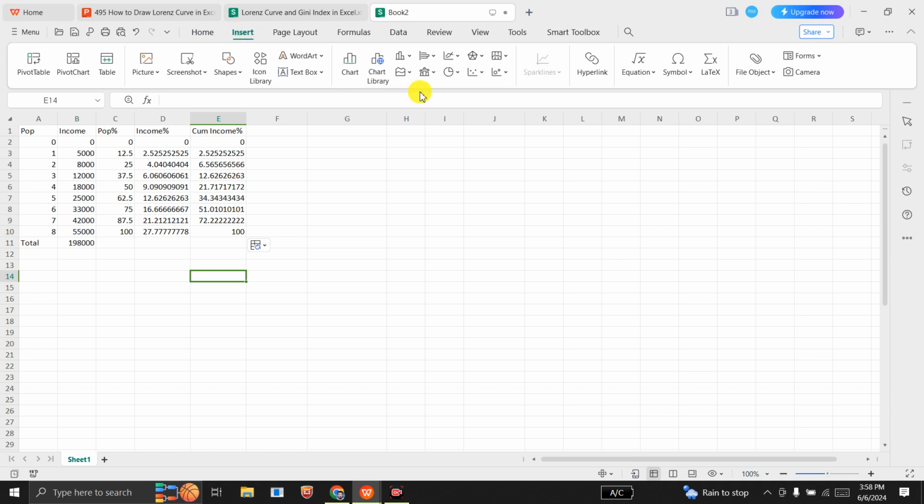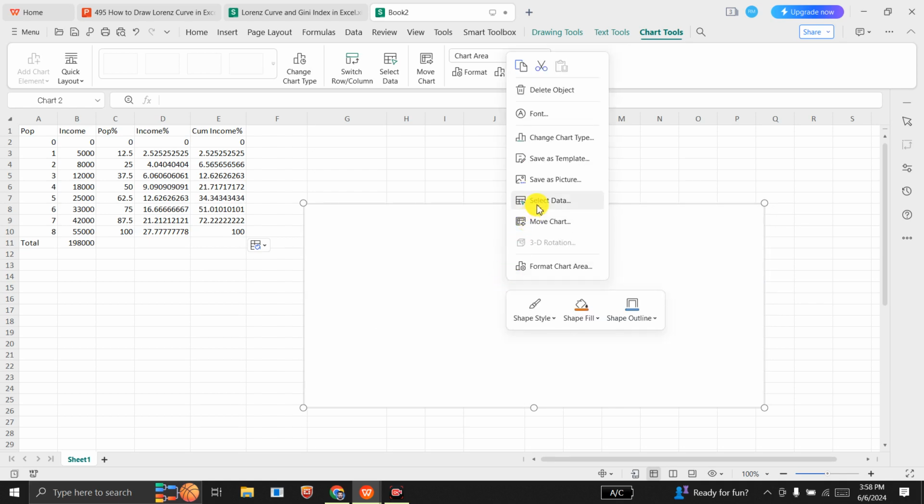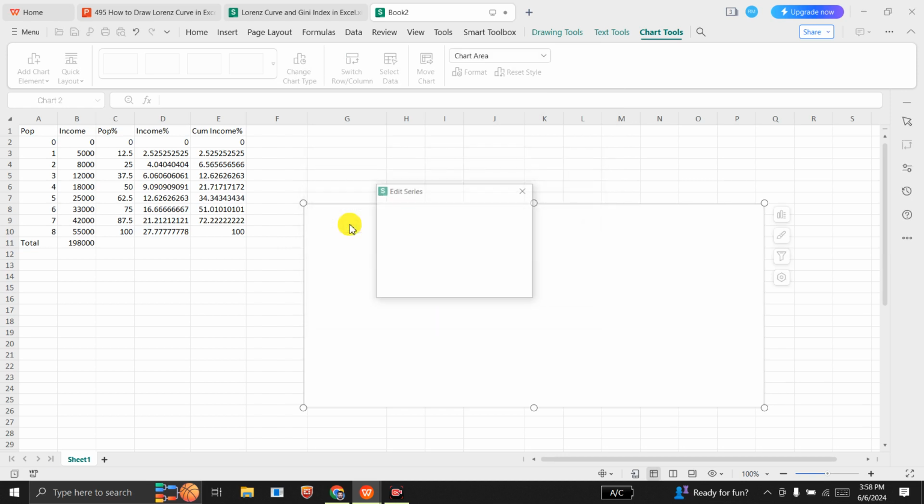Now in order to draw the Lorenz curve, I'll press insert, and then I'll use the XY scatter. I can use any of these, but let me select this one, and I can make it a little bit bigger so that we can see. After that, I'll select data, and from here I'll first of all draw the perfect equality line.